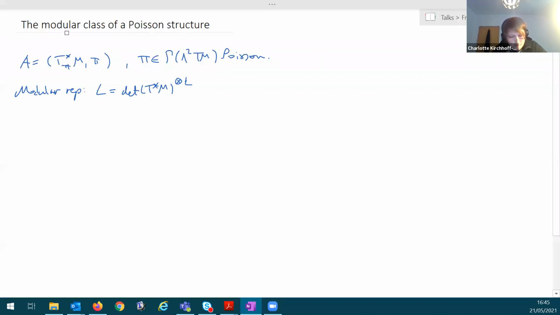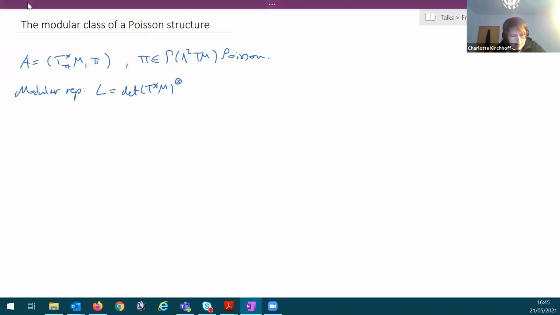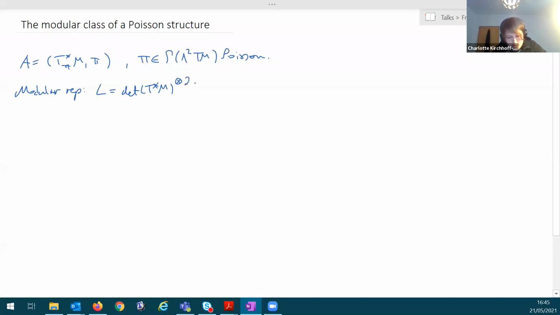Now, the modular representation, which I just wrote down, will simply be on the determinant of the cotangent bundle squared. And in fact, we can also, in this particular case of the Poisson structure, just define a representation on the top degree forms whose square, so tensor product with itself, will then be the modular representation on this squared bundle that I just showed you on the page before.